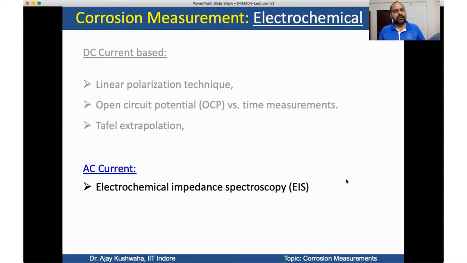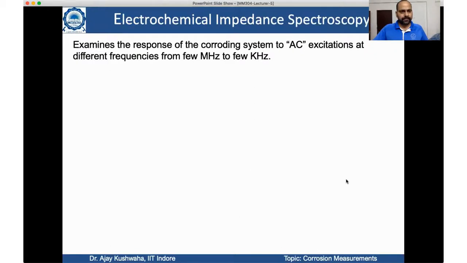The technique is well known, and its name is electrochemical impedance spectroscopy. Rather than calling it a resistance, since this is AC current, we are going to call it impedance, right? So now let's see what is here.